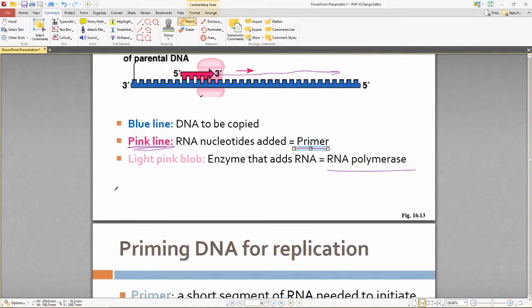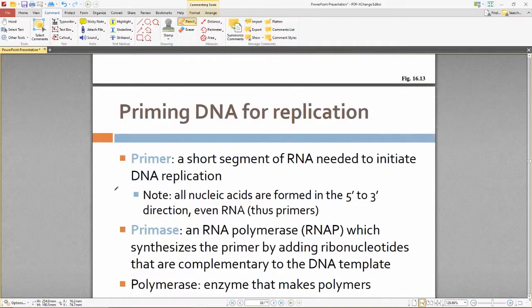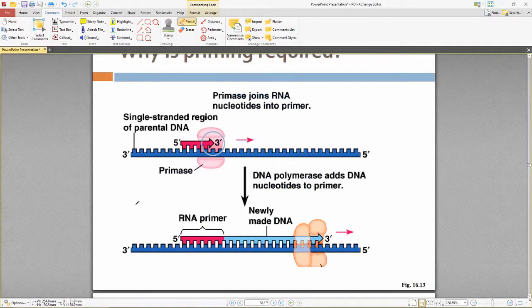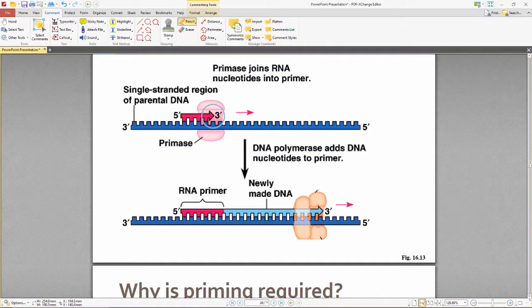So we're going to continue. Why do you need to prime DNA for replication? You need to prime DNA for replication because DNA polymerase, or DNAP, which I'm going to refer to it as from now on, DNAP can only add bases to DNA if it has an existing 3' end to add to.